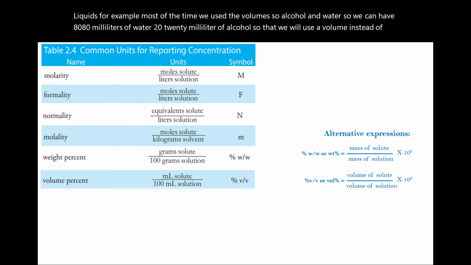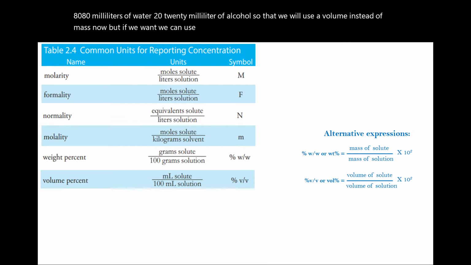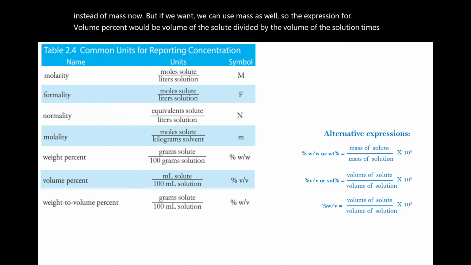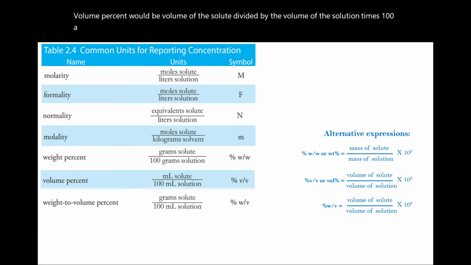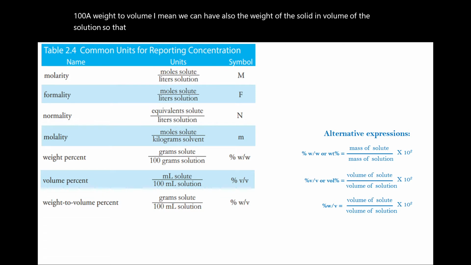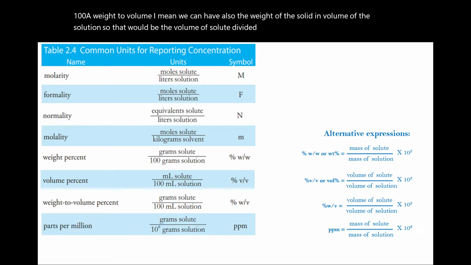But if we want, we can use mass as well. The expression for volume percent would be volume of the solute divided by the volume of the solution times 100. Weight to volume, we can also have the weight of the solute and volume of the solution, so that will be the weight of solute divided by volume of solution times 100.